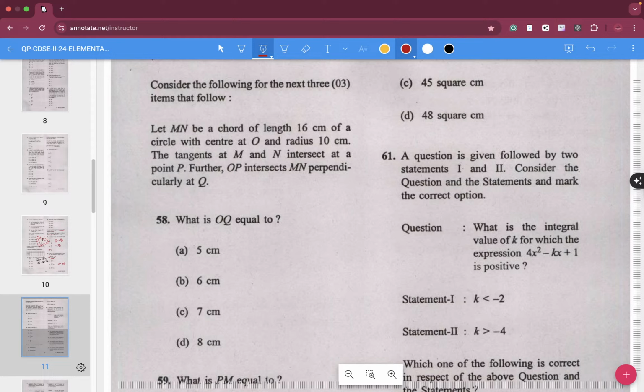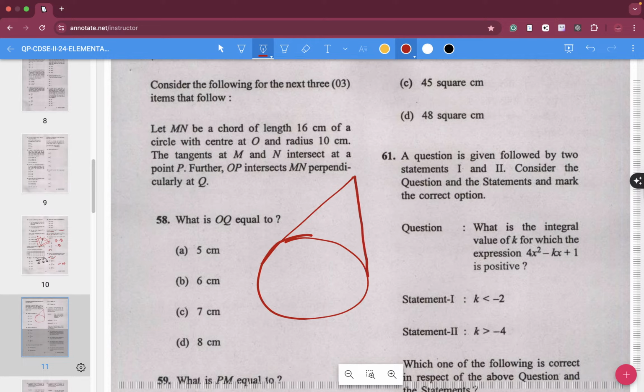So let MN be the chord of length 16 centimeter. So you have something like this.